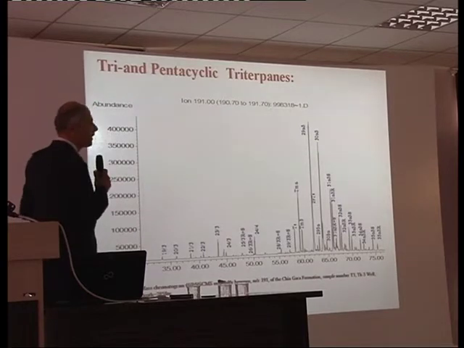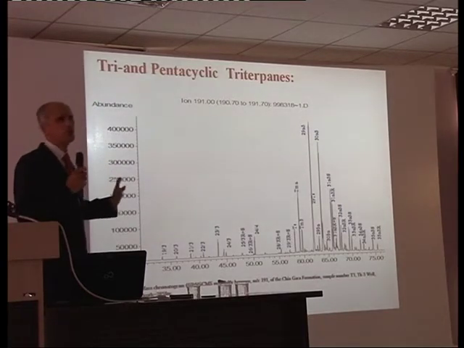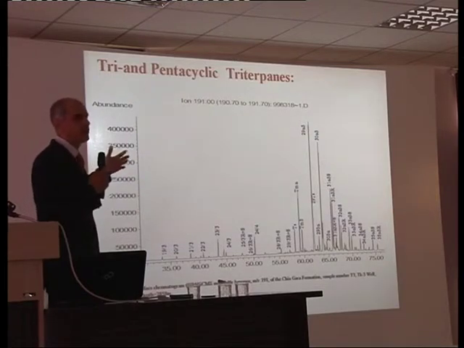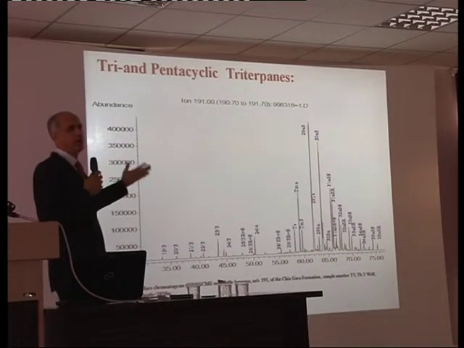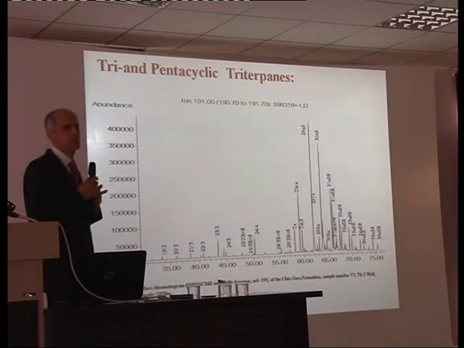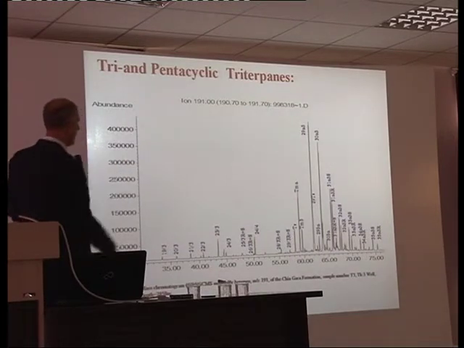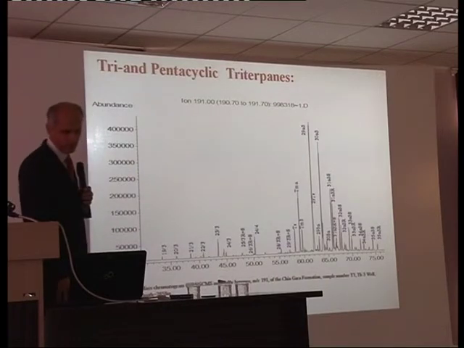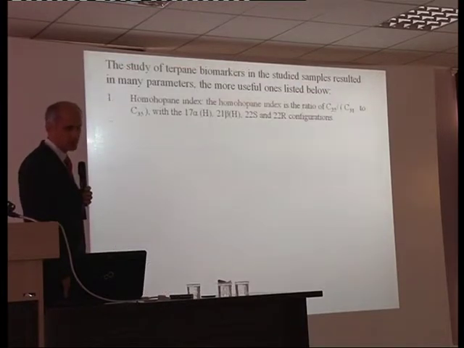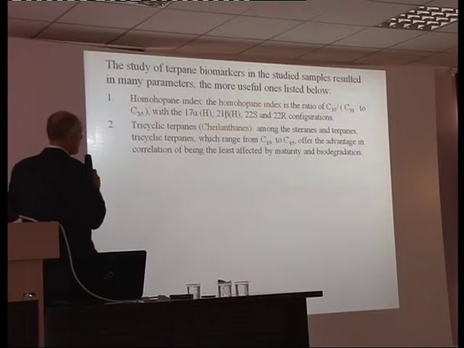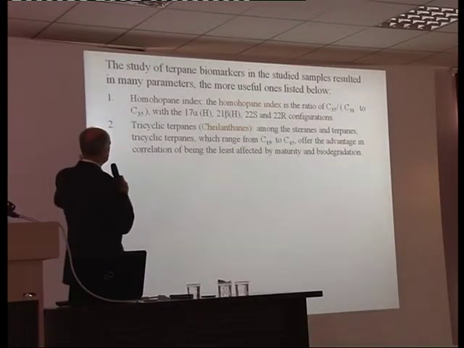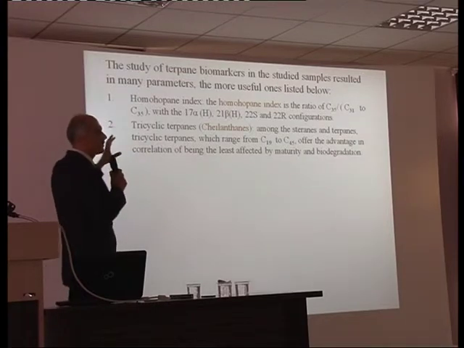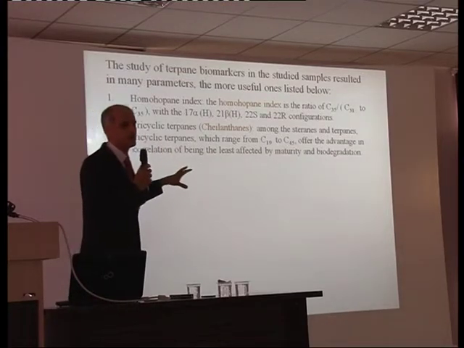So we learned how to interpret these peaks and identify them, how to calculate the area under the peaks to compare these compounds, and how to identify isomers, whether tetracyclic, tricyclic, or pentacyclic. These are just for your knowledge: the homohopane index, you can calculate these parameters from each chromatogram.